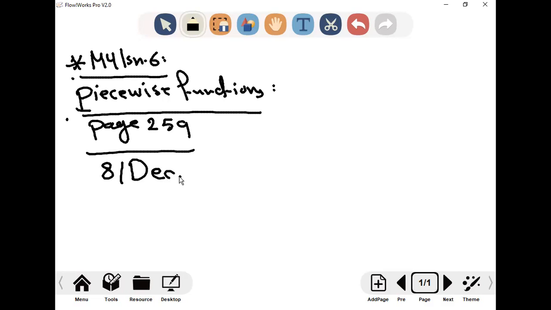We get used to say that, for example, the linear function, we said f of x equal 2x plus 7, right? This is a function with one rule, which is 2x plus 7, right? Means if you want to substitute any x, you only use 2x plus 7.